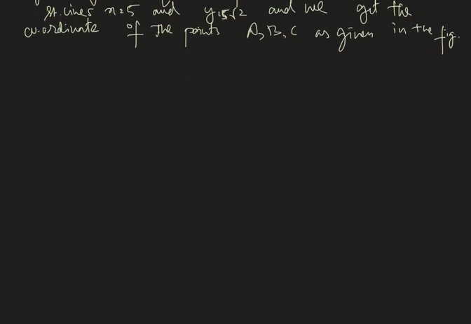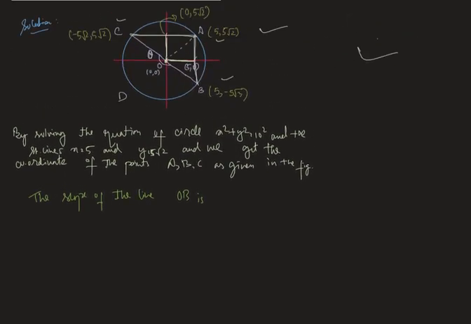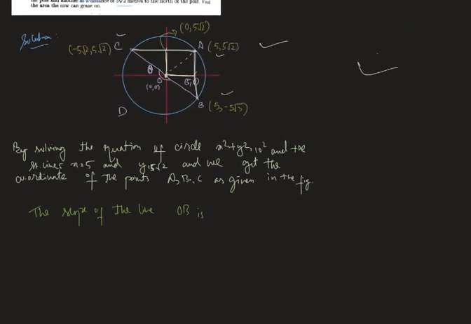Now the slope of the line OB, that is this line, is nothing but minus 5 root 3 divided by 5.